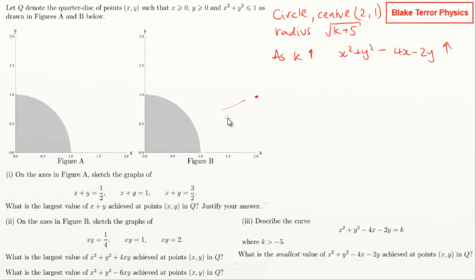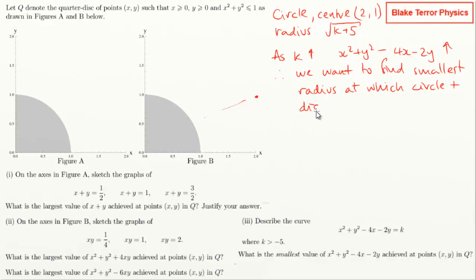We want the smallest possible radius. Therefore, we want to find the smallest radius at which the circle and the disk intersect.